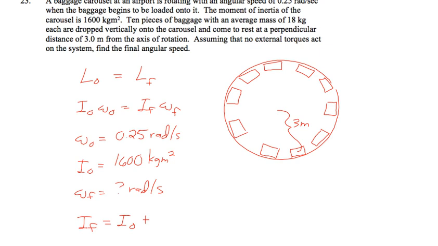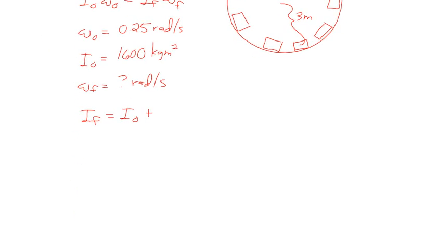And so if we have 10 bags with an average mass of 18, then we have a total mass of 180 kilograms on the outside here. So 180 kilograms is on the outside, and it's that distance away. So as far as the formula, I'm going to have the original I plus mr squared. That would be the formula for the moment of inertia created by the bags. So we're going to get 1,600, because that's what we started with, plus mr squared.